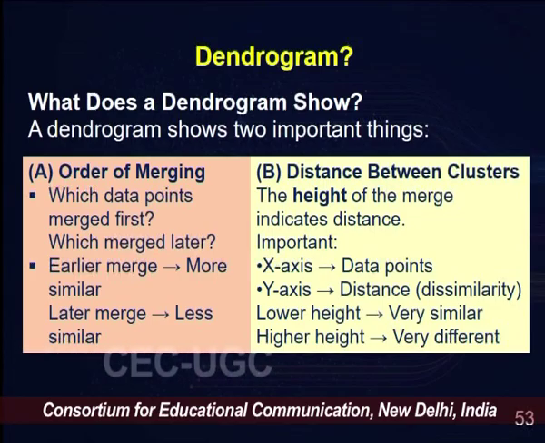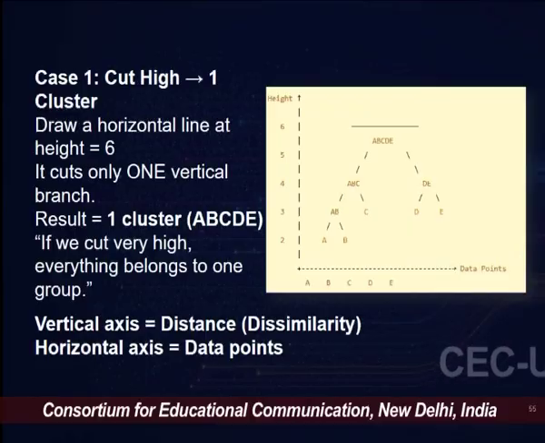How you can use it is the purpose we must understand. For choosing the number of clusters, we draw a horizontal line across the dendrogram, and the number of vertical lines it crosses is the number of clusters. I have given different cuts.